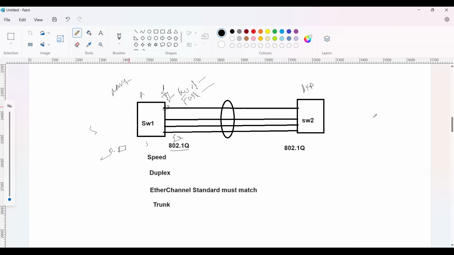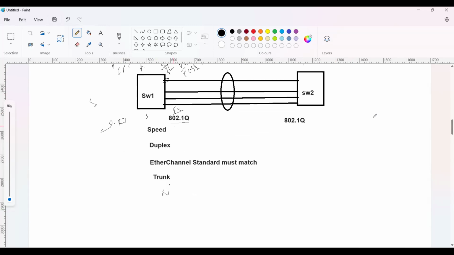If you configure native VLAN 666, then you have to configure 666 here also. This is all about the requirements of EtherChannel: speed must match, duplex must match, EtherChannel standard must match, trunk must match, native VLAN must match.